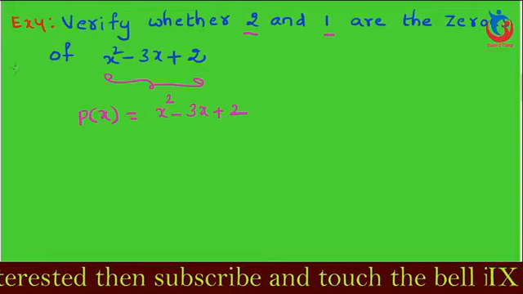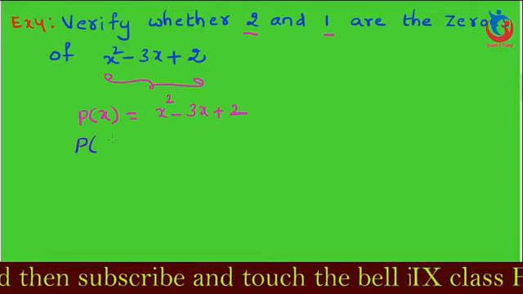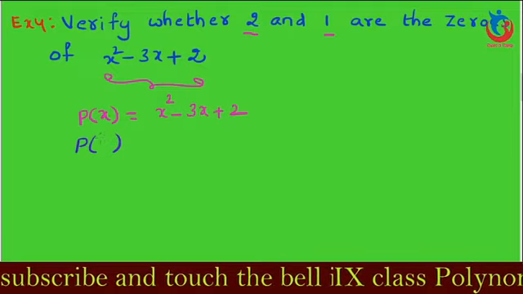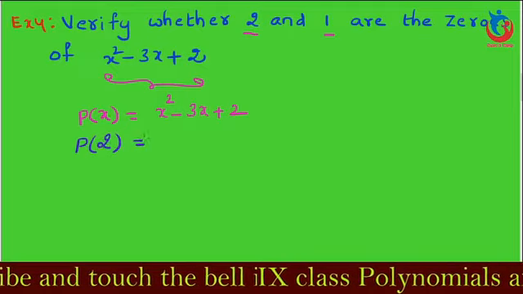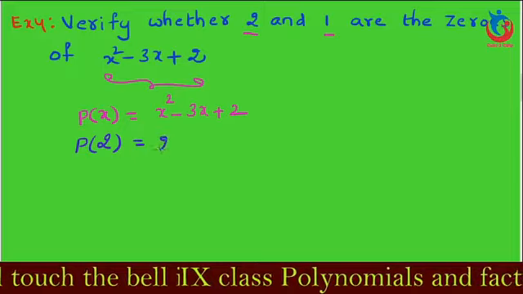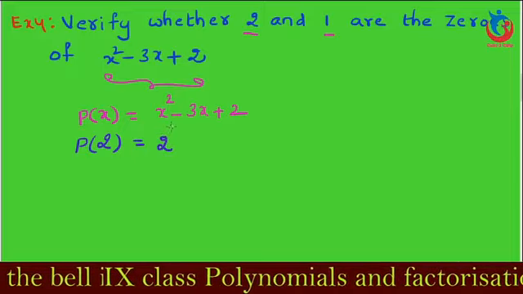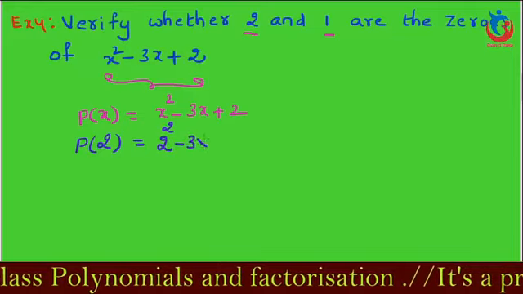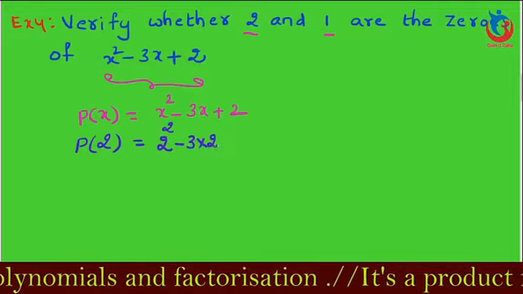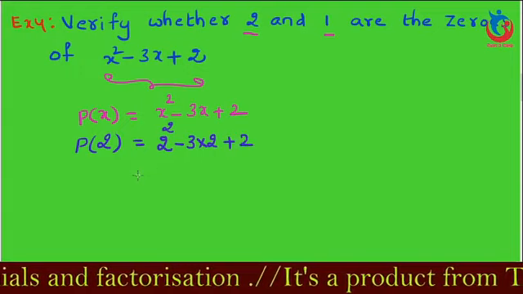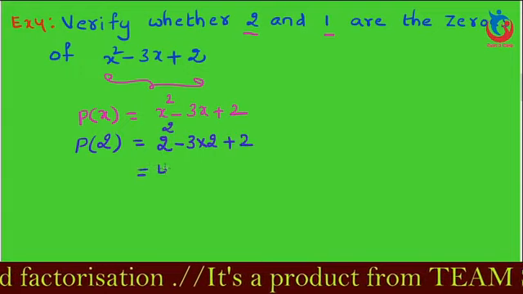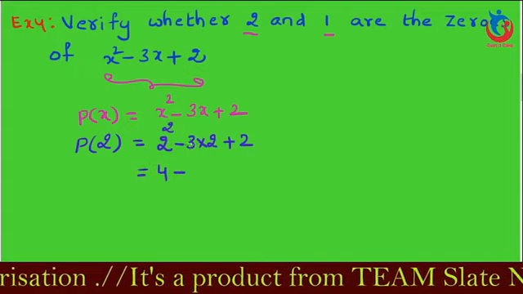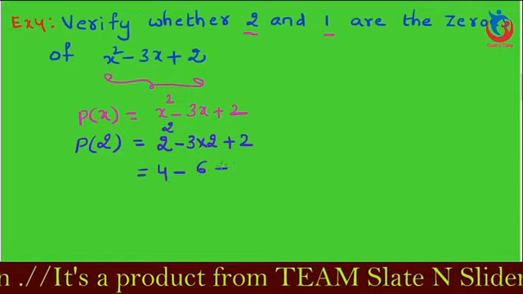So I will write P of 2, in the place of x write 2, is equal to 2 square, since x has a square, minus 3 into 2, plus 2. Simplification: 2 square is 2 into 2, that is 4, minus 3 into 2 is 6, plus 2.